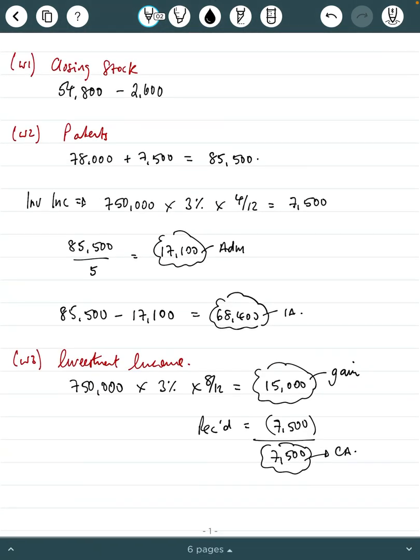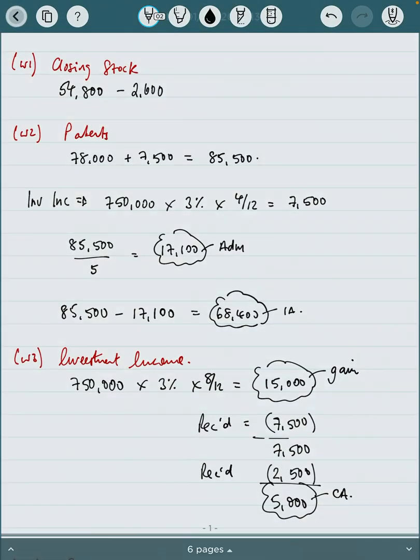And this 7,500 that I had down as a current asset, okay, we thought was a current asset. We have already received 7,500, but we've also received 2,500 that we were unaware of, that went into our bank account. So that means that the actual figure for your current asset for investment income is €5,000. All right.